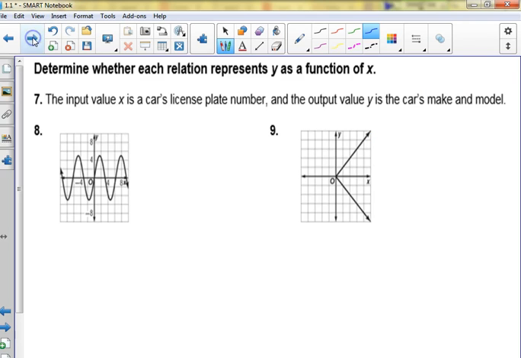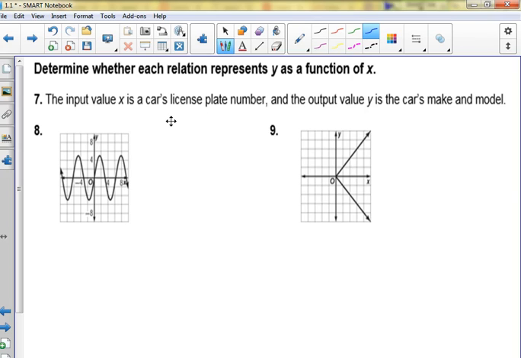Okay. Decide whether this is a function, guys. The input x is a car's license plate number, and the output y is the car's make and model. So can this repeat? Do more than one car have the same license plate number? Not within a state, right?